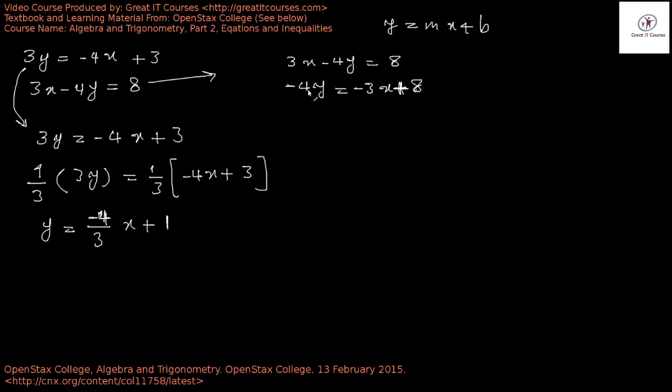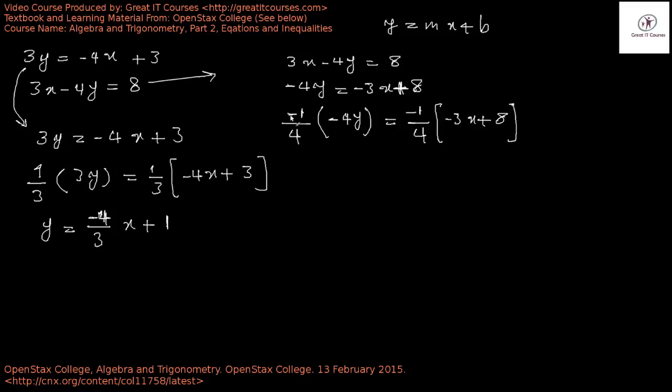So then you can multiply both sides of this equation by minus 1 divided by 4. So minus 1 divided by 4 into minus 4y is equal to minus 1 divided by 4 into minus 3x plus 8.